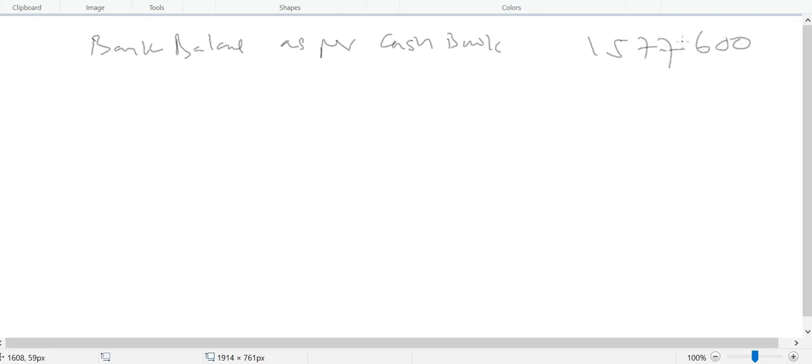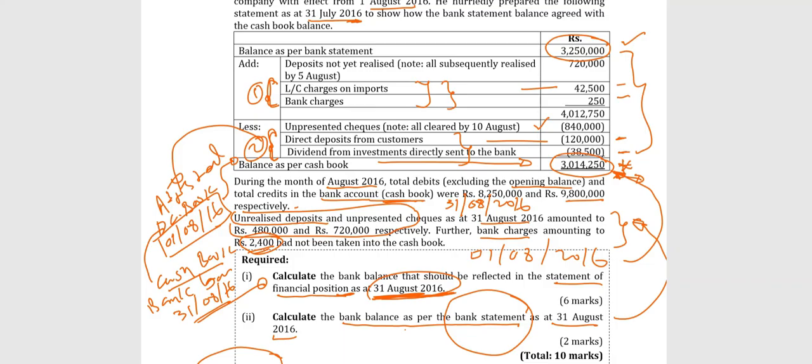This is what we calculated. Then you need to add and minus the remaining entries, which are the unrealized deposits and unpresented checks. So unrealized deposits amount is 480,000.